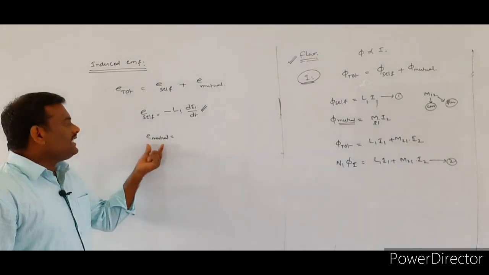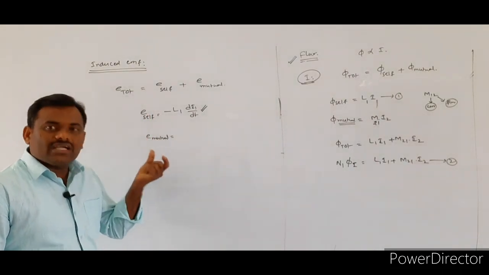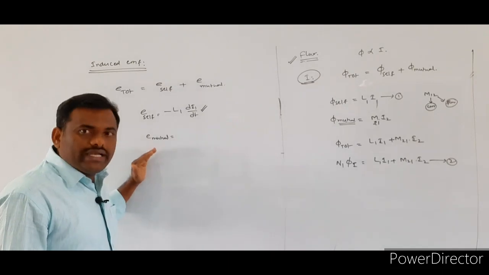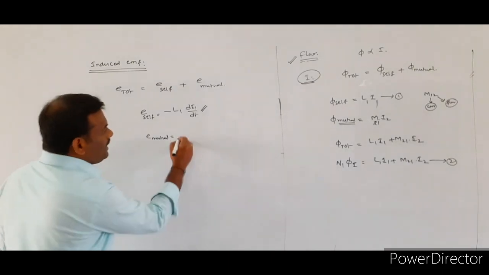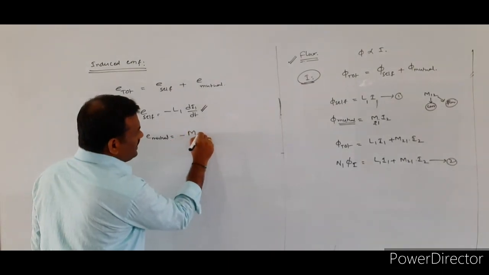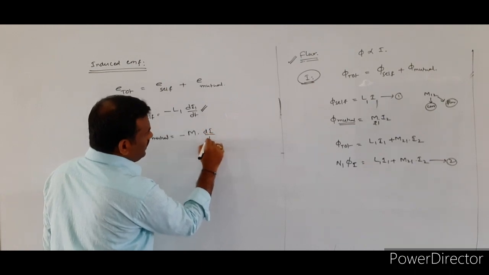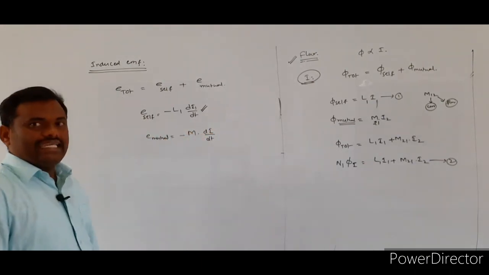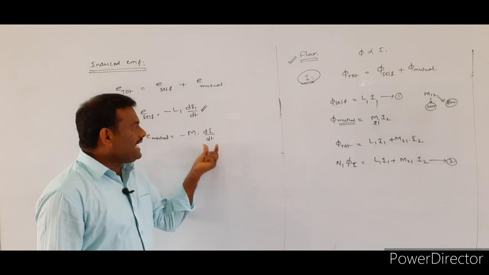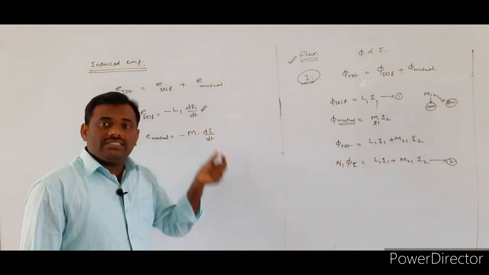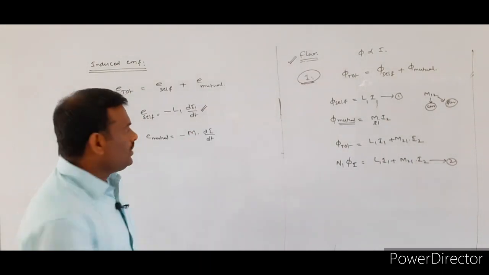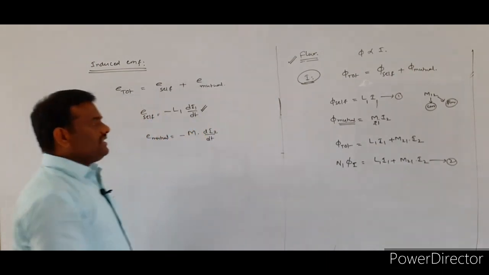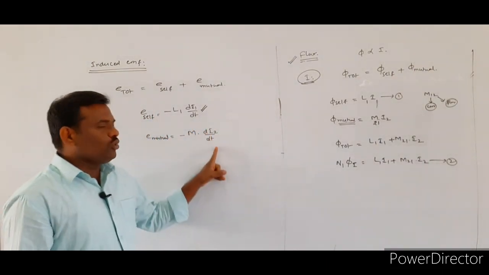Therefore, the induced EMF produced in the first coil due to mutual induction is equal to minus M into di by dt, where di by dt is the change in current in the second coil. So I will write minus M into di2 by dt.